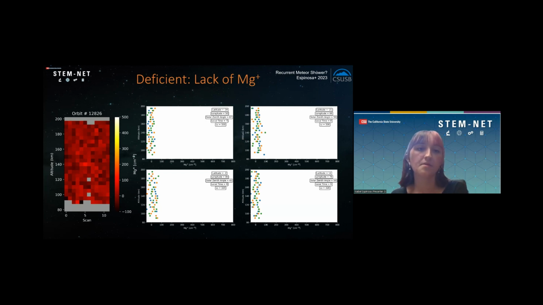So here's an example of something we're going to call deficient. On the left, you can see scan versus altitude again, and everything's pretty dark red, which shows that there's not very high concentrations of magnesium. And to the right, there's this other picture we can look at that compares concentration of magnesium to altitude.